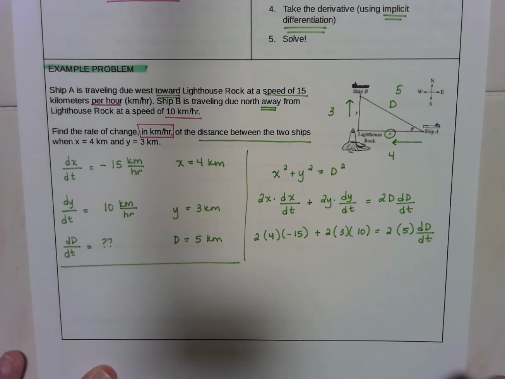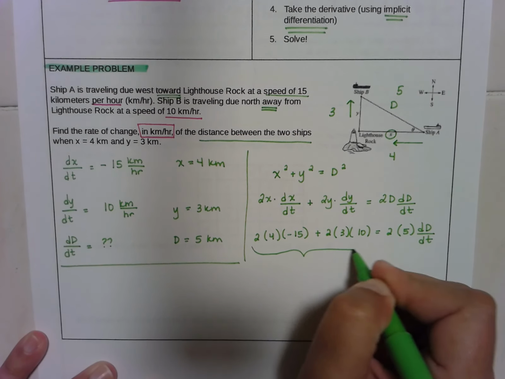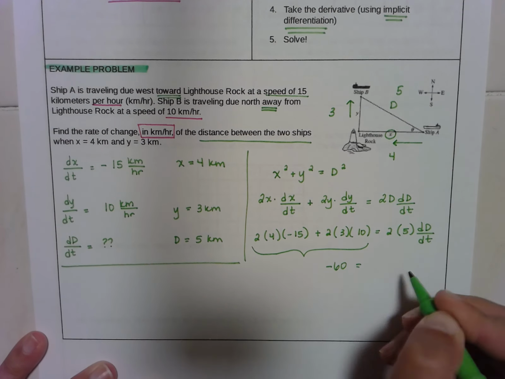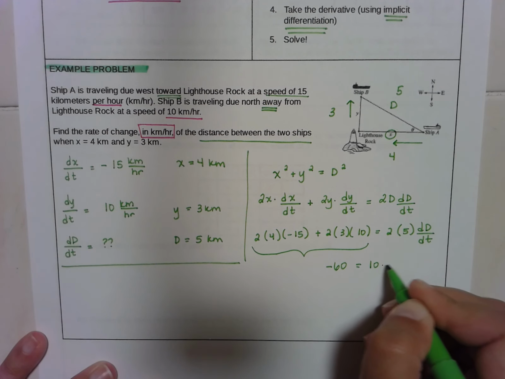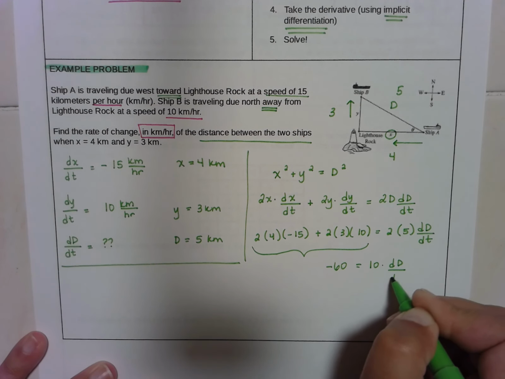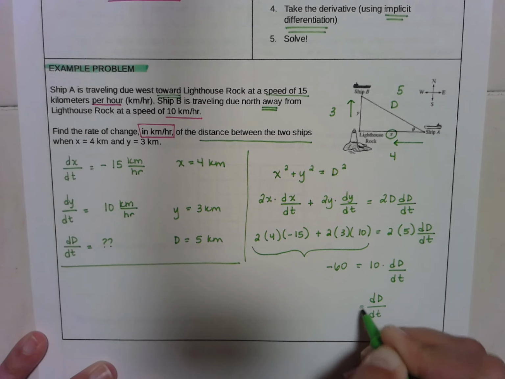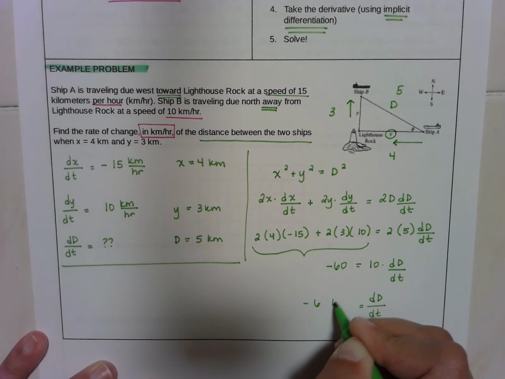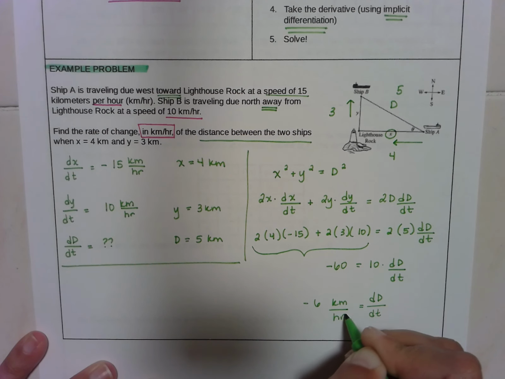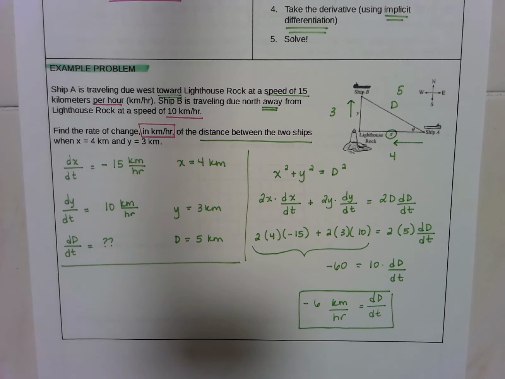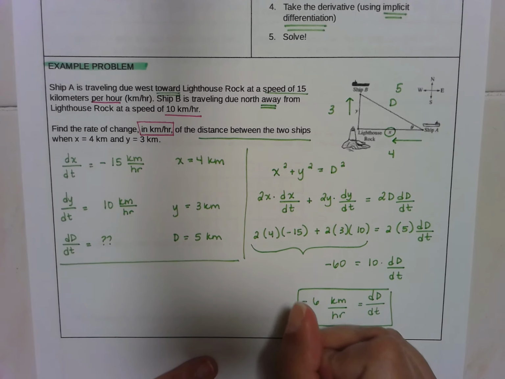Now again, I could use my calculator or I could do the arithmetic by hand, but this side of the equation simplifies to negative 60 equals 2 times 5 is 10 times dd over dt, which means the rate of change of the distance between the two ships would be negative 6 kilometers per hour. And using units here in your answer is going to be really important. So make sure to include units in your answer.